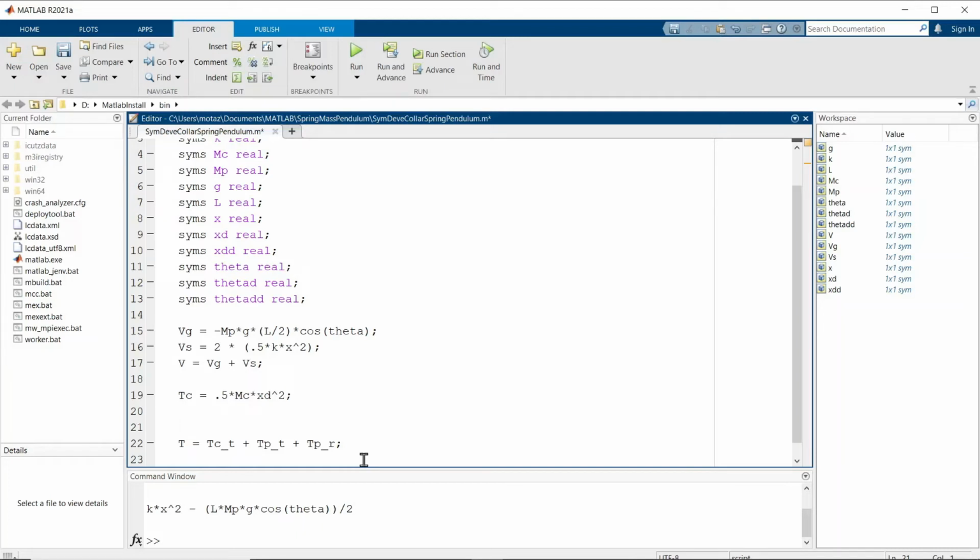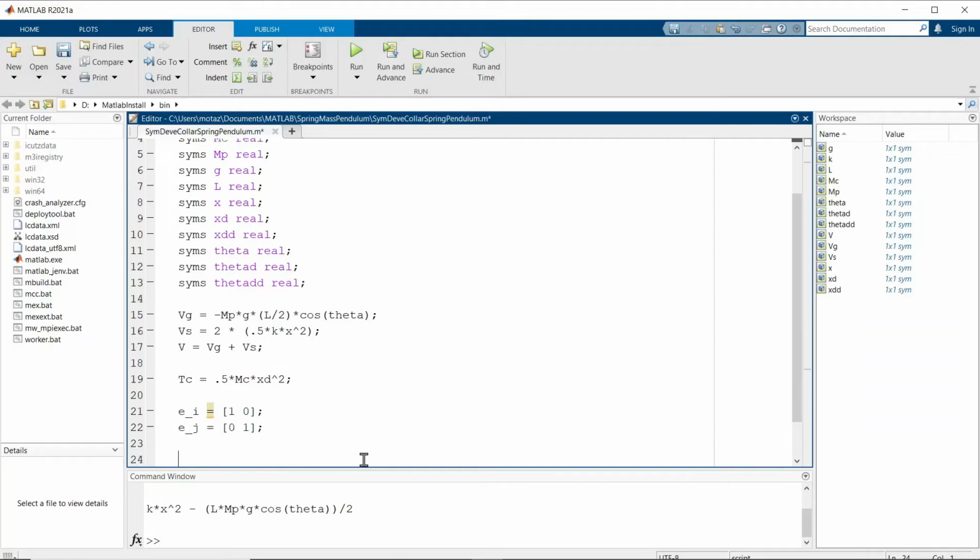And in order to get a position vector, let's define unit vectors EI and EJ. These unit vectors will help us define the position of the center of mass for the pendulum.